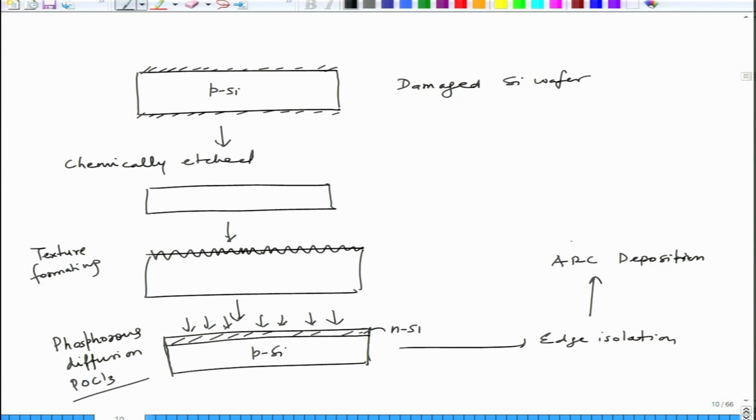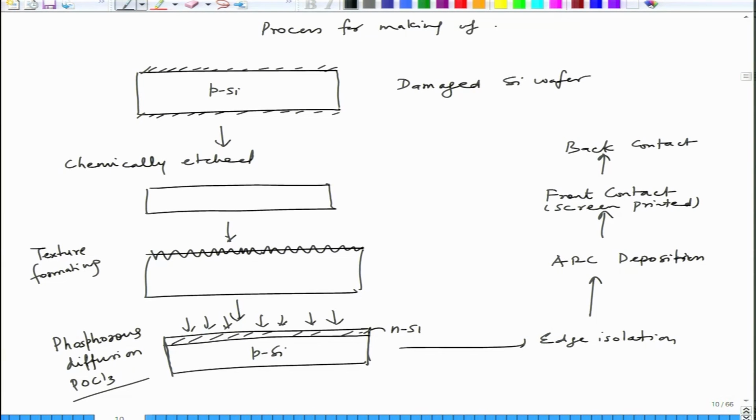So, anti-reflection coating is deposited, and then we make a front contact which can be screen printed, and then we make what we call back contact. So, this is sort of a procedure for making a silicon solar cell, and then you do firing.